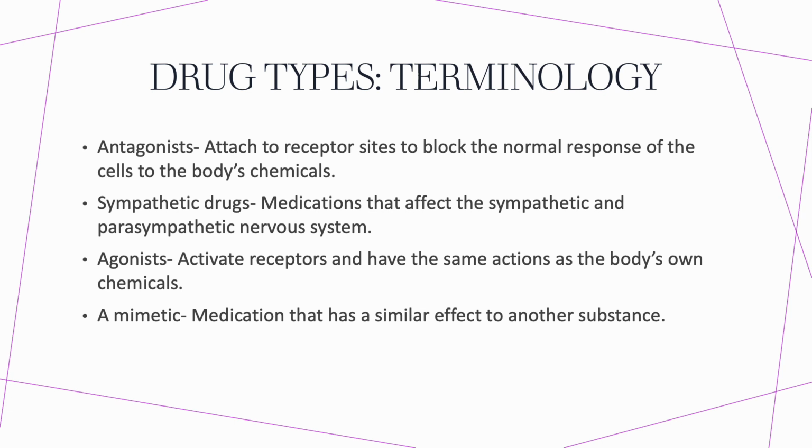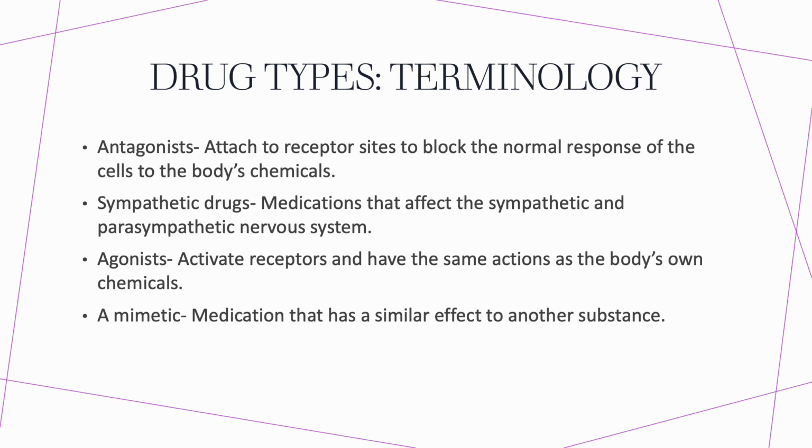So Ozempic is a good example of this because it basically mimics that, which is why it looks like mimic, because it's a mimetic, right? That's how that works. So it basically mimics the response that you would normally have in your body had you not had a deficiency type of a deal, if that makes any sense. Know the difference between these kinds of meds because you were absolutely going to be asked.